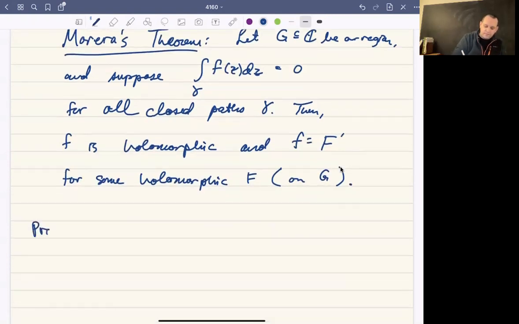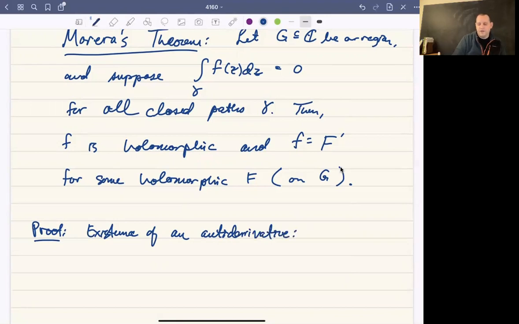So the proof is really straightforward. First, we know that there's an antiderivative because of what I like to call the analog of the fundamental theorem of calculus. The existence of an antiderivative follows from how we defined the antiderivative.